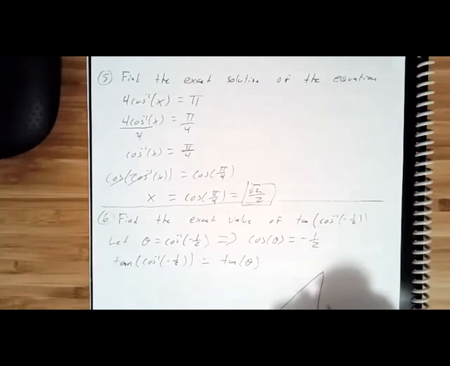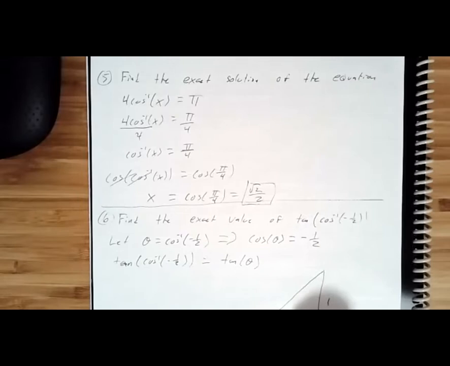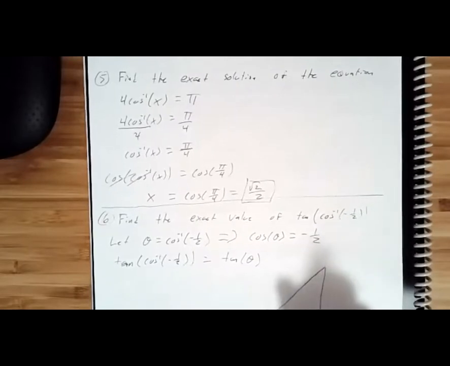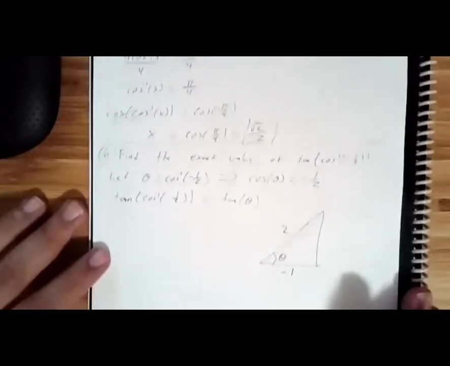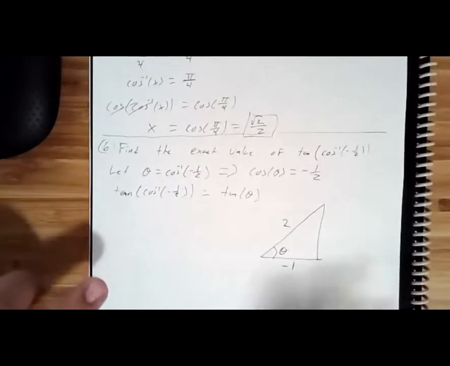So opposite over adjacent. One of them is negative. If cosine is negative, I'm sorry, it should be adjacent over hypotenuse. That's what confused me. That didn't make any sense. So this would be negative. This will be 2. The hypotenuse is never negative.